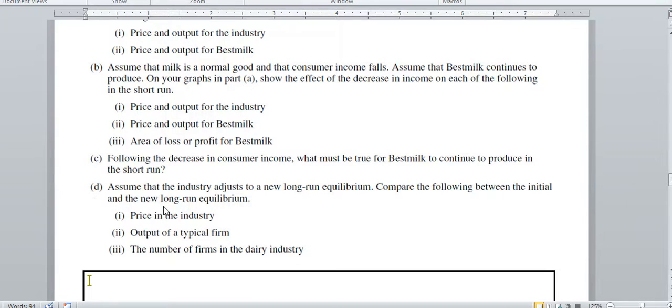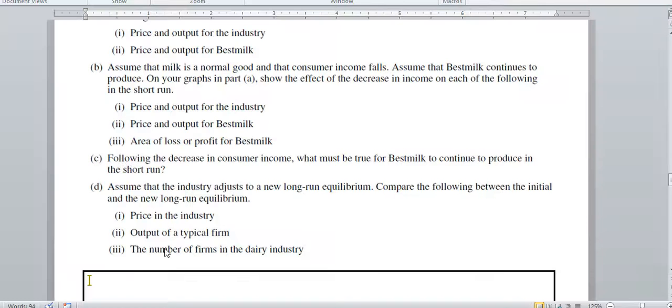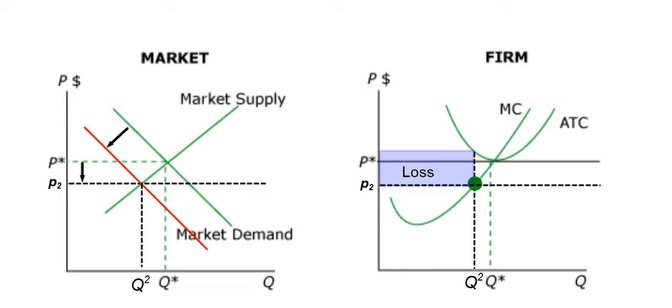Part D is we're going to assume that the industry adjusts to a new long-run equilibrium. Compare the following between the initial and the long run equilibrium: price in the industry, output of a typical firm, and the number of firms in the dairy industry. So what's going to happen here? Well, with firms operating at a loss, depending on how big the loss is, and also how you answered part C, which I'm going to let you answer, some firms are going to keep operating for a while, and some firms are going to drop out.